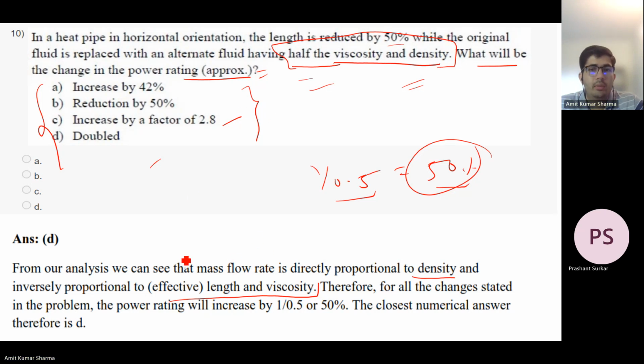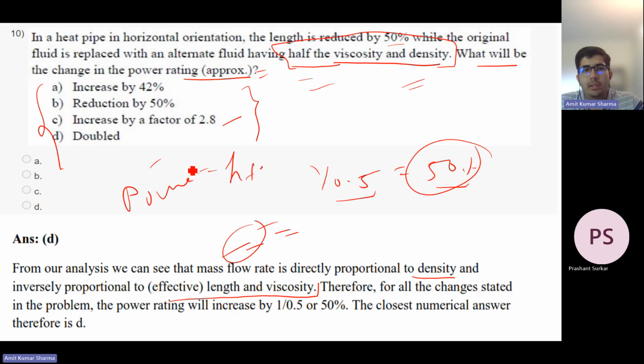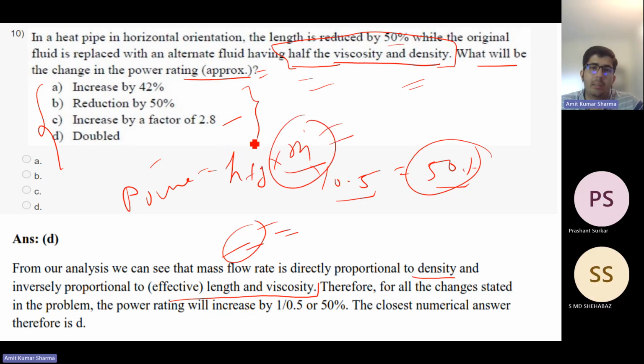Because the mass flow rate is directly proportional to the density, the mass flow rate will change, and as in the previous question, the power rating is HFG into mass flow rate. So it depends on the mass flow rate. So the mass flow rate will basically double.